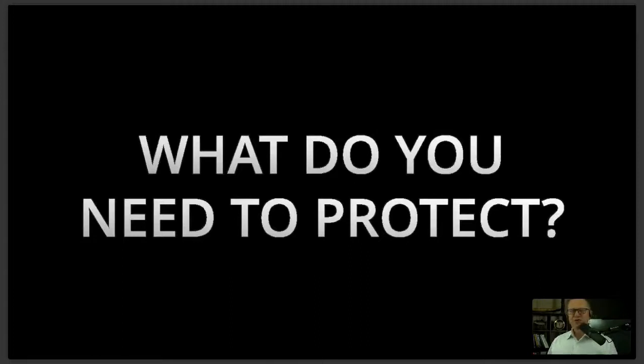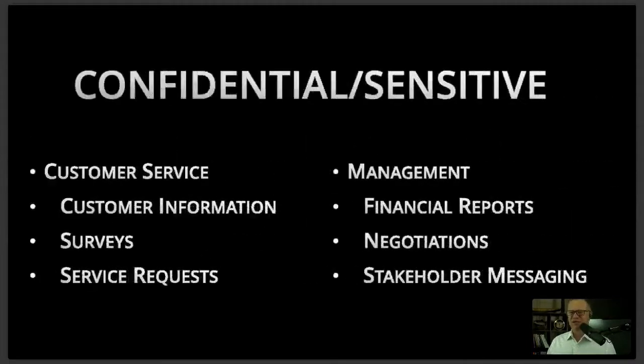So what do you need to protect? That's always the big question. I hear this all the time. People are saying, I'm a small business, they're not coming after me. If you've been through the first two webinars, you have a pretty darn good idea of what you have to protect and the fact that you are the targets. You've got confidential and sensitive information.